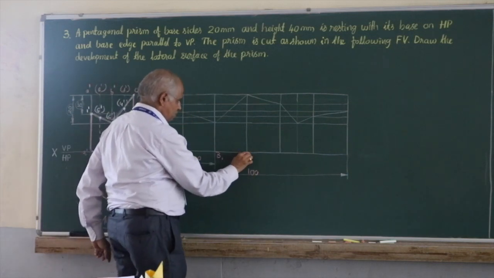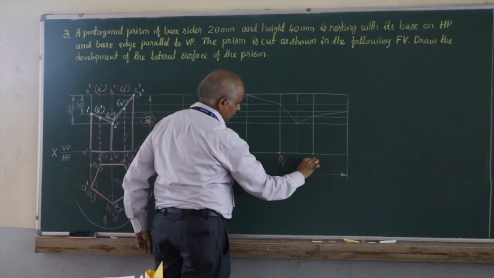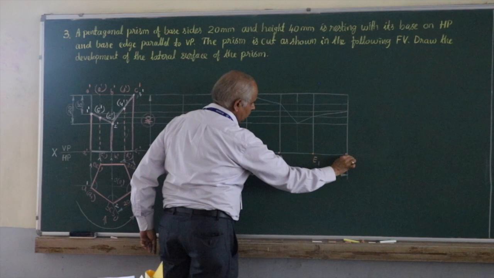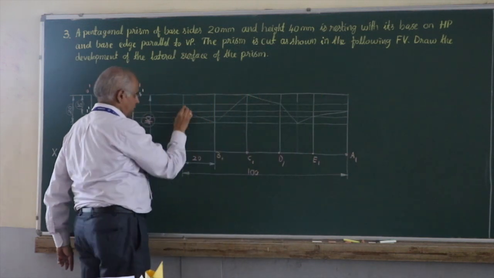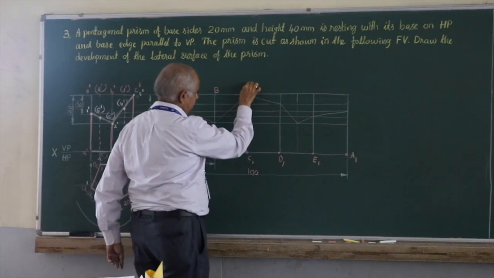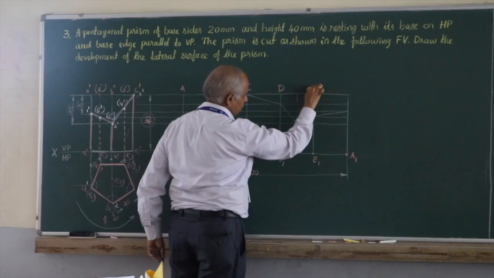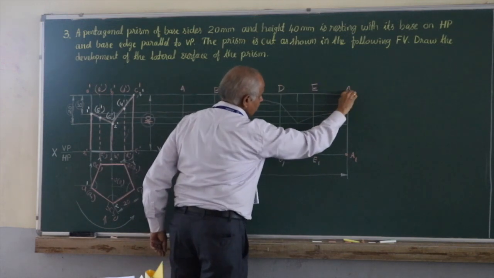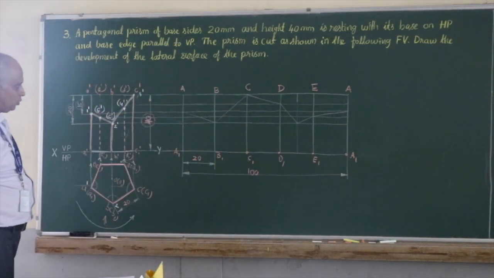So you get A1, B1, C1, D1, E1, and back to A1. At the top, you have starting here A1, B1 is the vertical edge, C1, D1, E1, and A1. So the basic development of the pentagon prism is over.